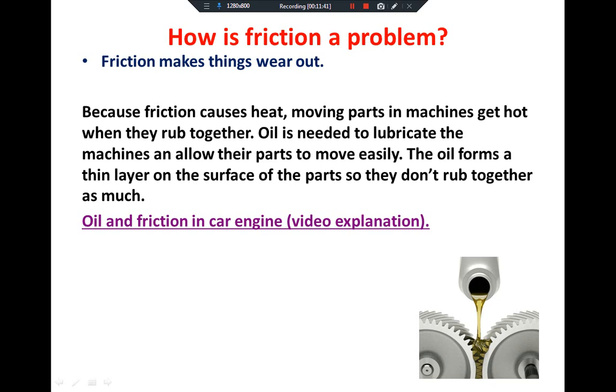Why is this oil helping the engine parts? The oil forms a thin layer on the surface of the parts so they don't rub together as much. So this oily layer, made by the oil that you put into your car for lubrication, helps the engine parts to live for a longer period of time.